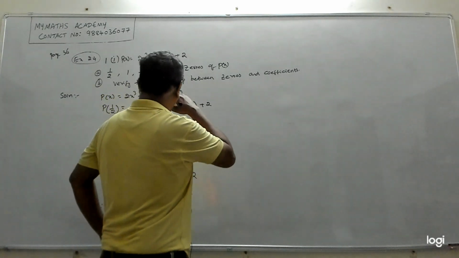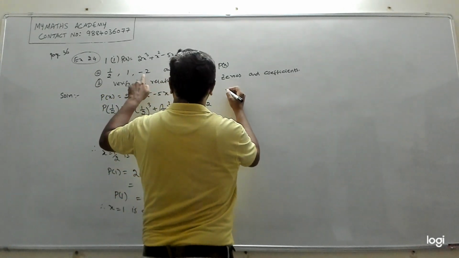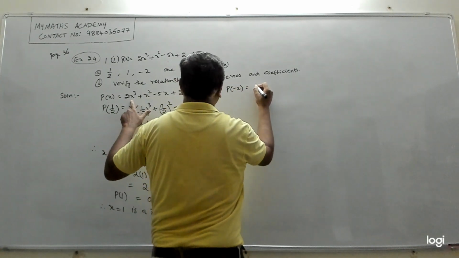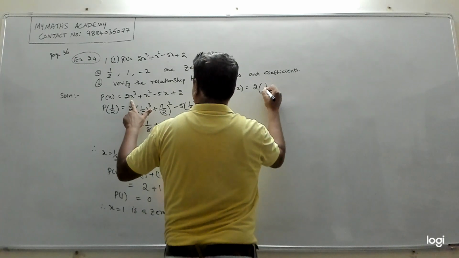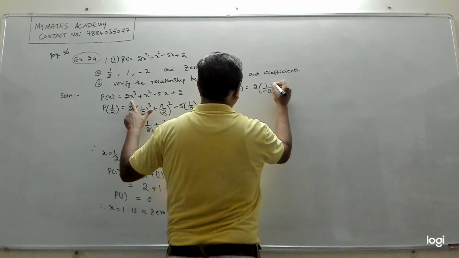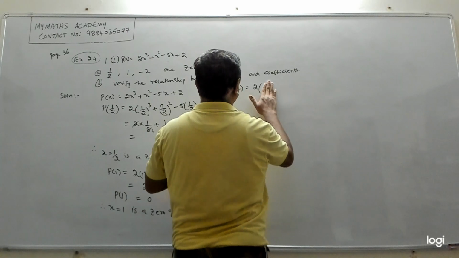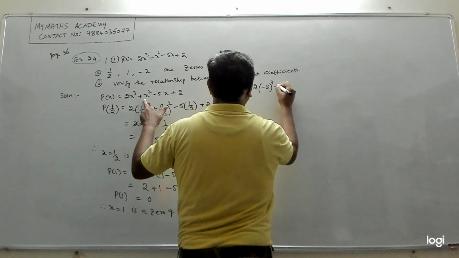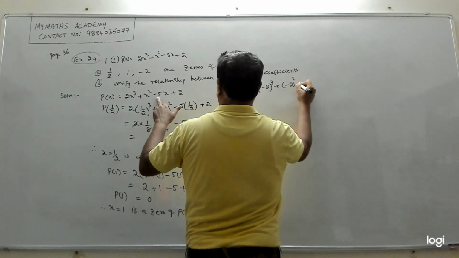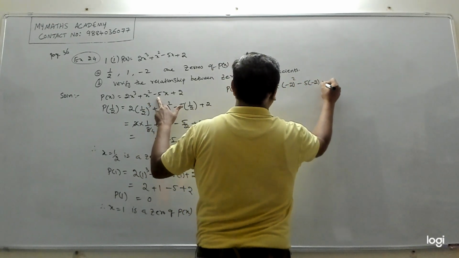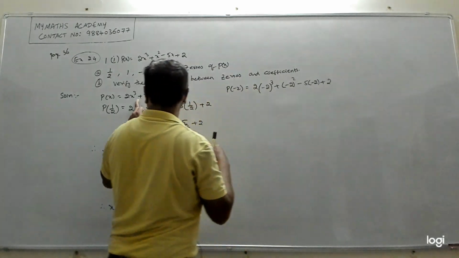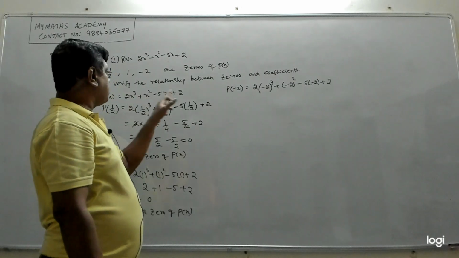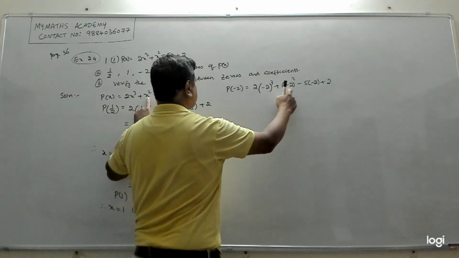Now we should check for the third value, minus 2. What is p of minus 2? Wherever x is there, put minus 2. So 2 into (minus 2) the whole cube plus (minus 2) the whole square minus 5 into minus 2 plus 2. So wherever x is there, I am putting minus 2. So x cube will become (minus 2) the whole cube. Again, x square means (minus 2) the whole square.